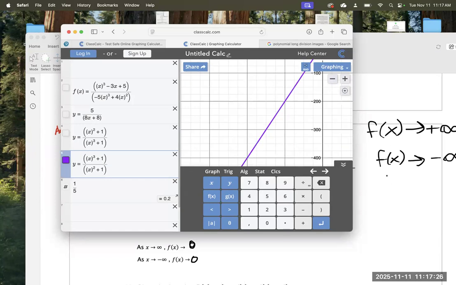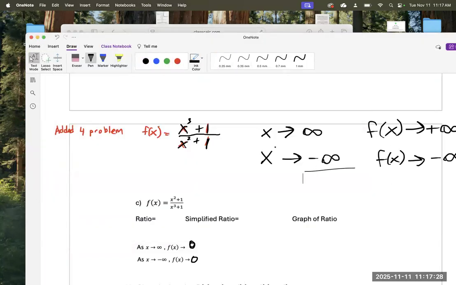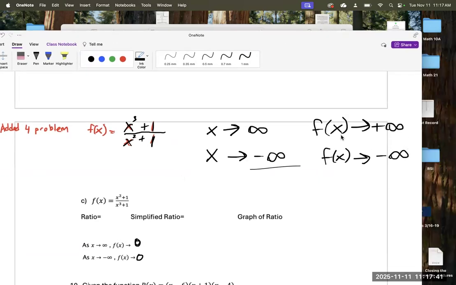So we verified that when I graph that function, as x goes to positive infinity, the function goes to positive infinity, and as x goes to negative infinity, the function goes to negative infinity. So that's why those are the answers, and we saw the graph to verify that answer.